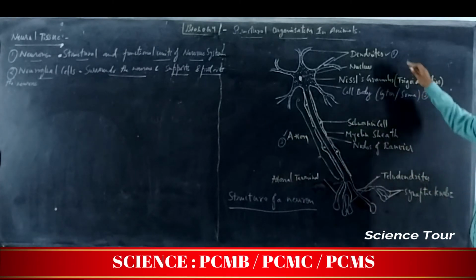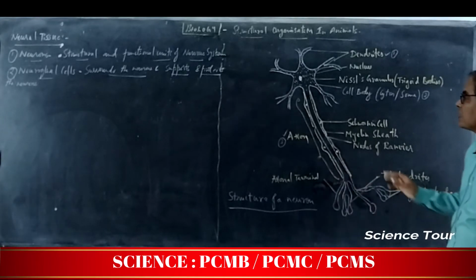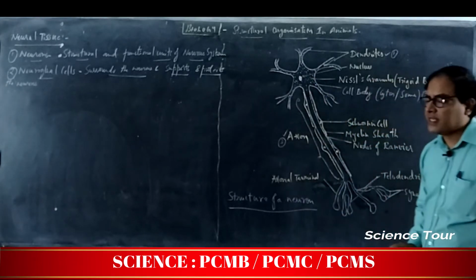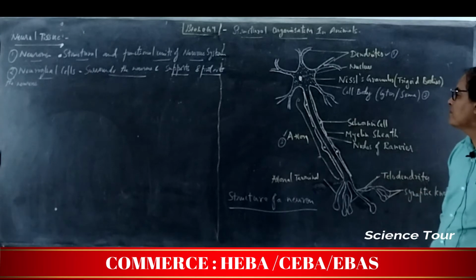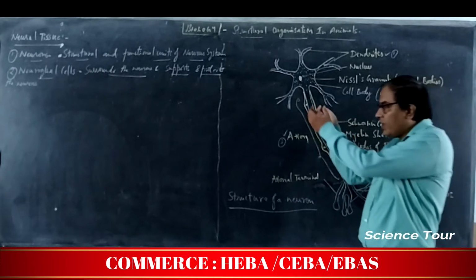Now, what do these dendrites do? You can see the dendrites are a highly branched structure. They branch like the branches of a tree. They are the receiving end.